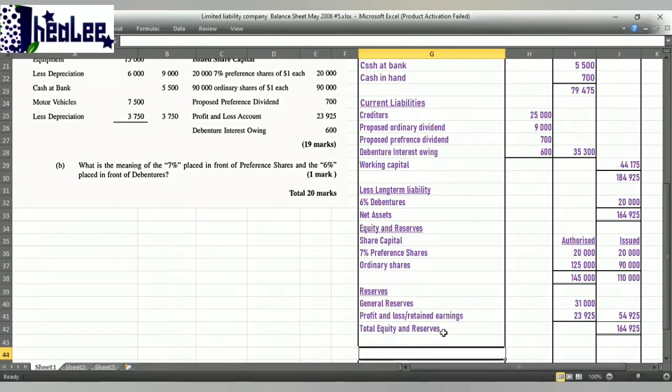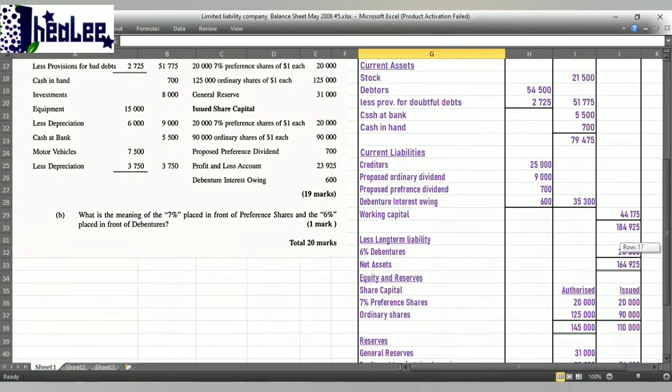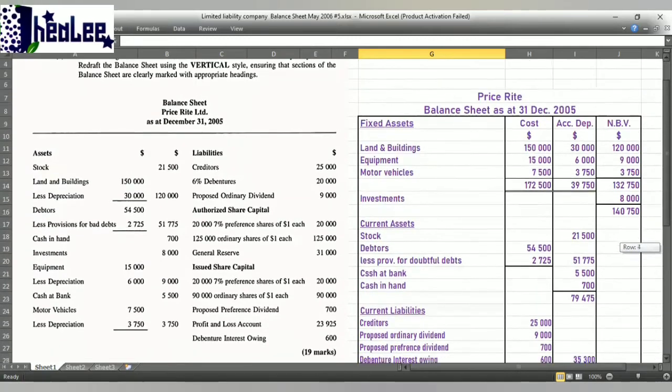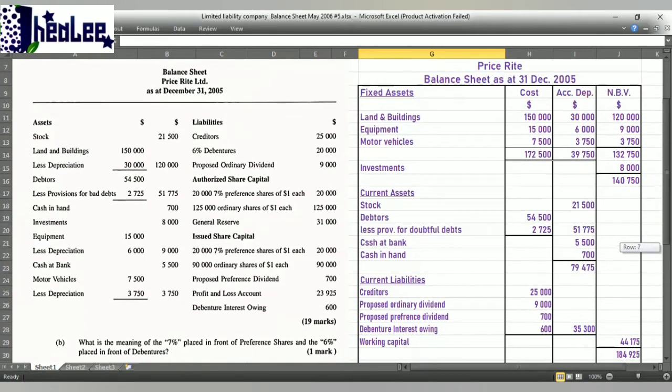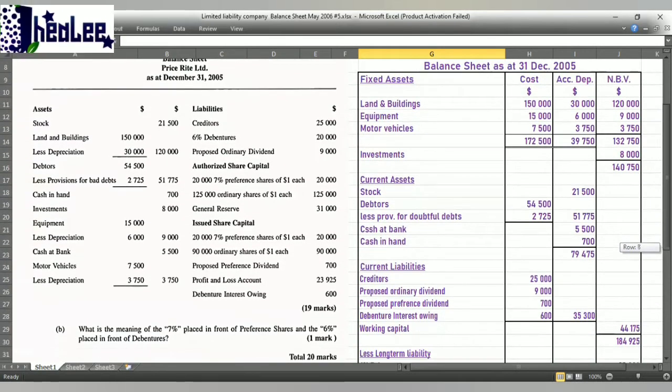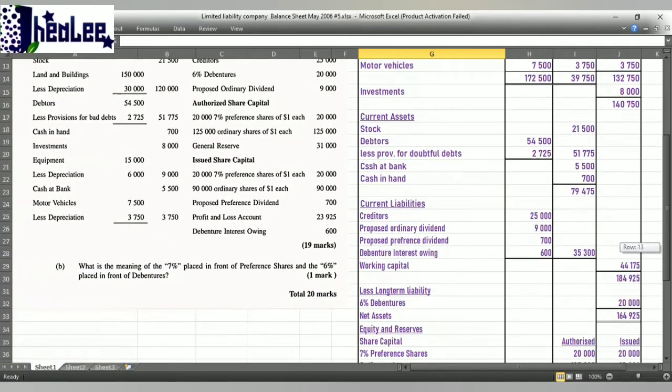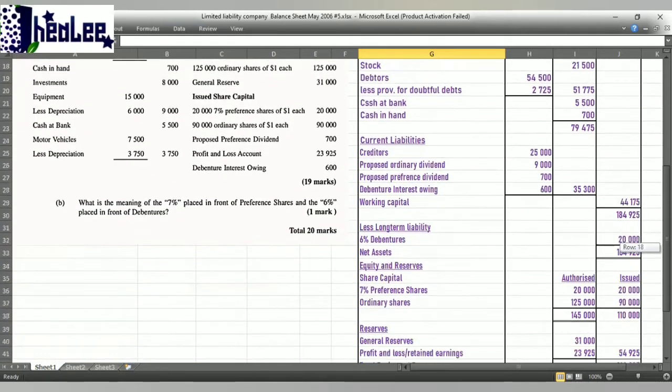So remember, once your total equity and reserves is equal to your net assets, you can say that your balance sheet is balanced. So here we go with the balance sheet of PriceRite as at December 31st, 2005.